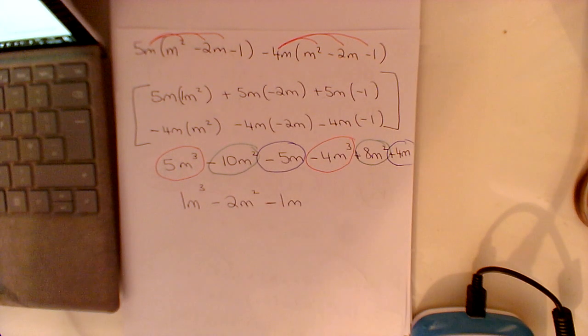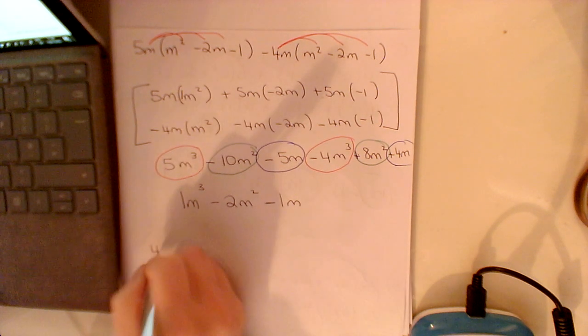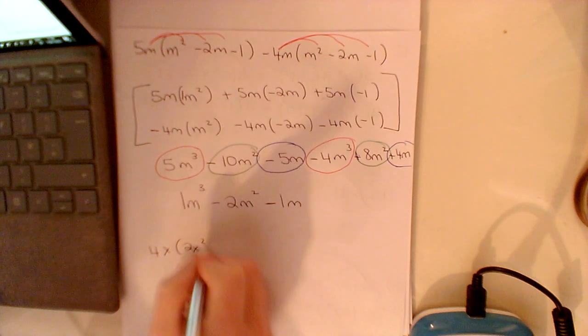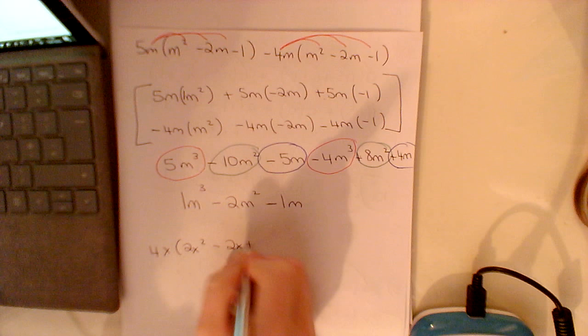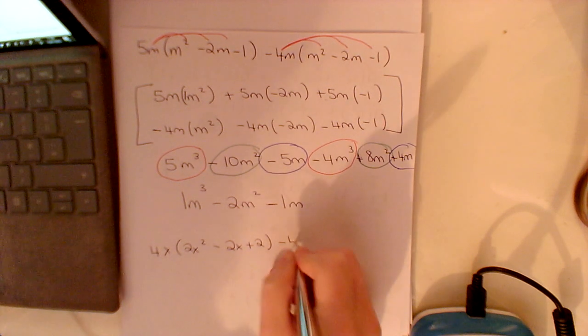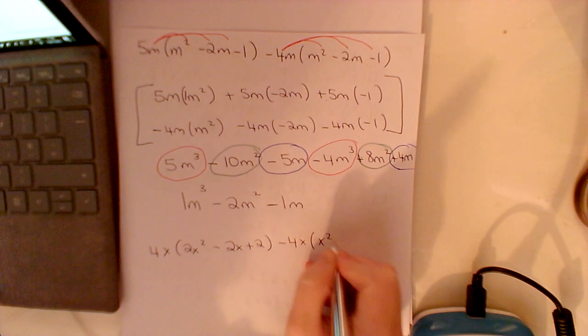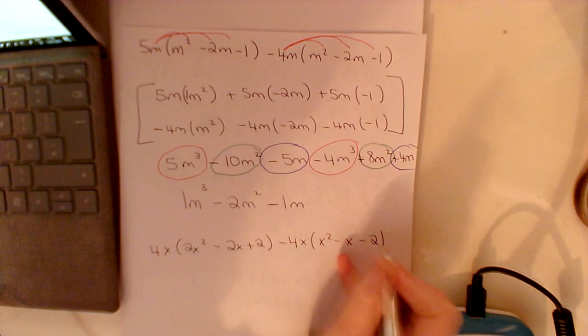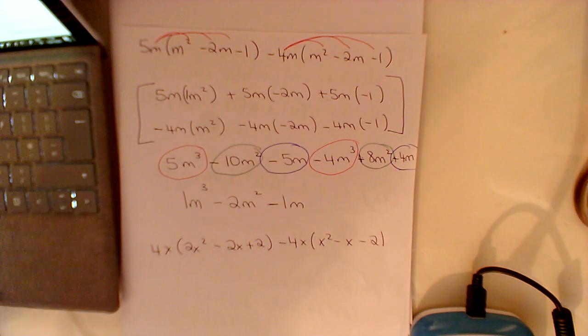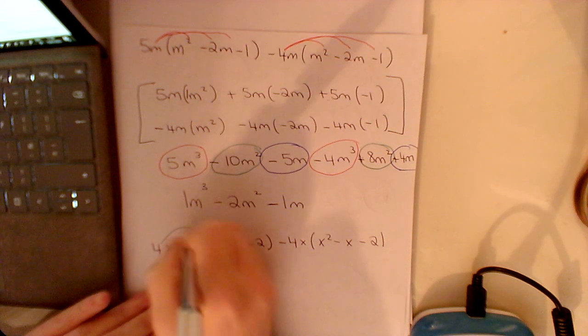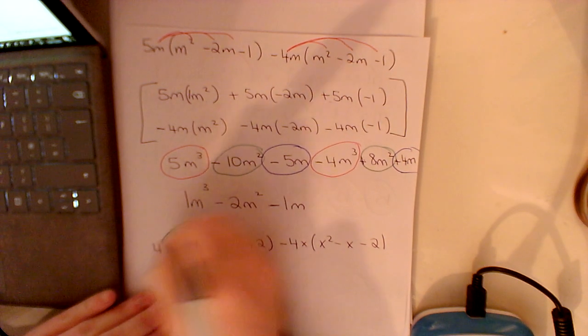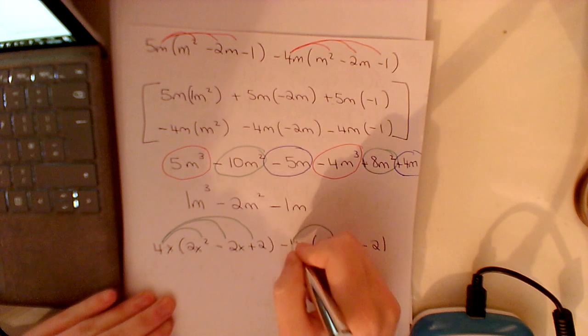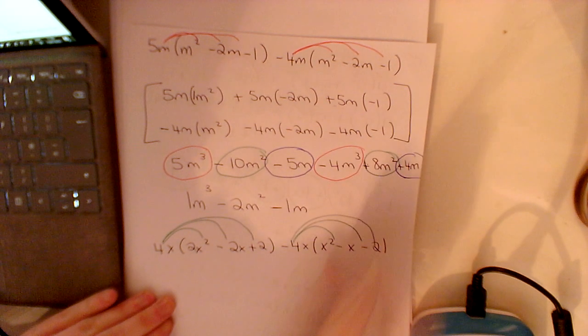Part D then, I have 4x(2x² − 2x + 2) minus 4x(x² − x − 2). Okay, so I draw my arrows. And I rewrite my sum.